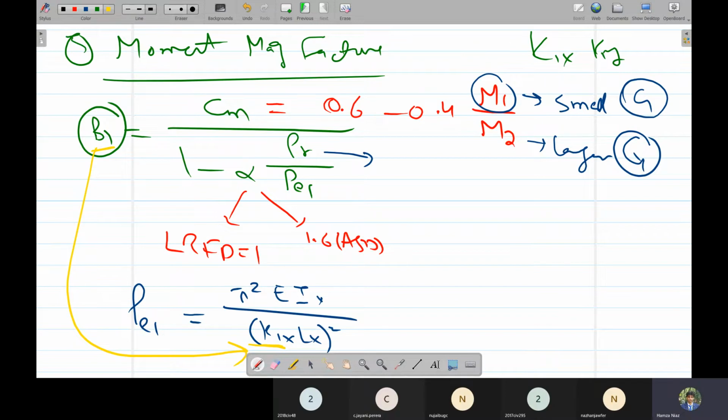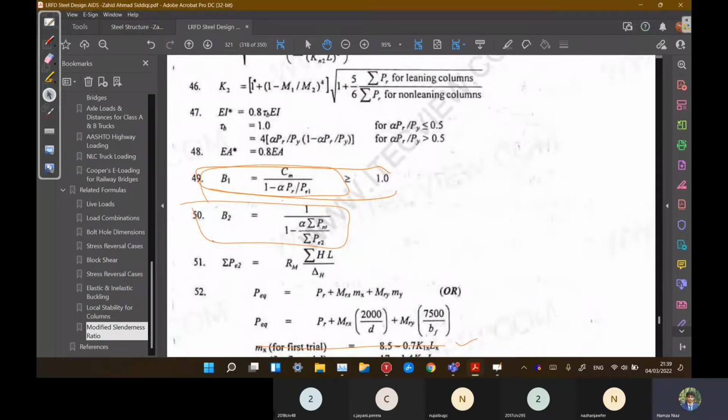This way we can calculate the B value. If the B value is less than 1, we'll use B1 equal to 1. It is also written there. It must always be greater than or equal to 1. Okay, so this is B1.